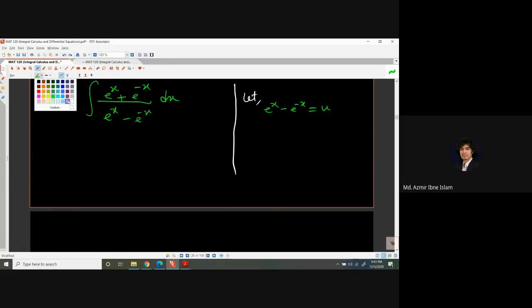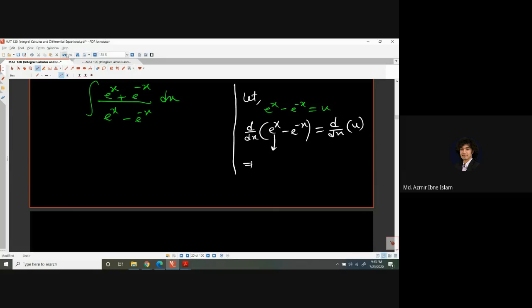So let's differentiate again. Once we have considered a function as u, the second step is to differentiate. So we are differentiating both sides. The differentiation of e to the power x is e to the power x.